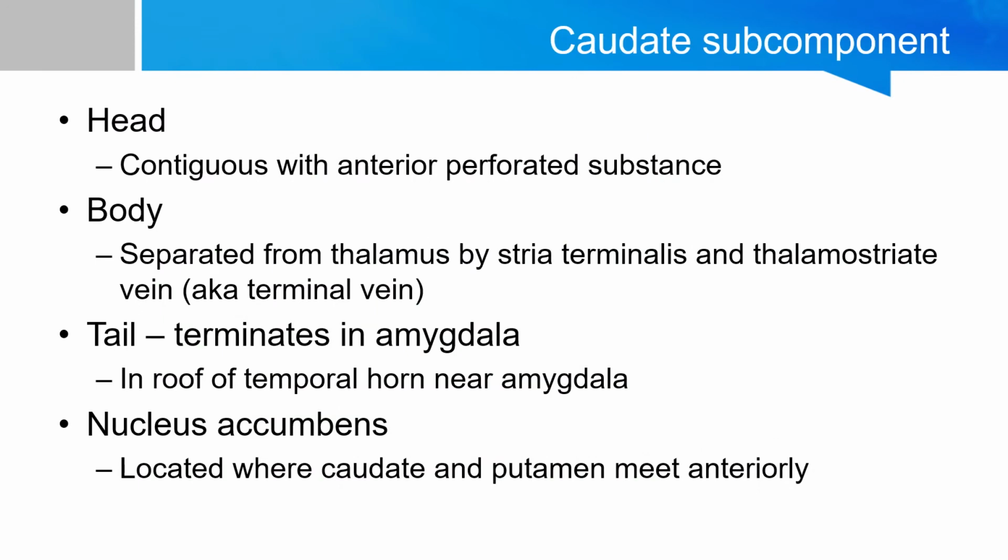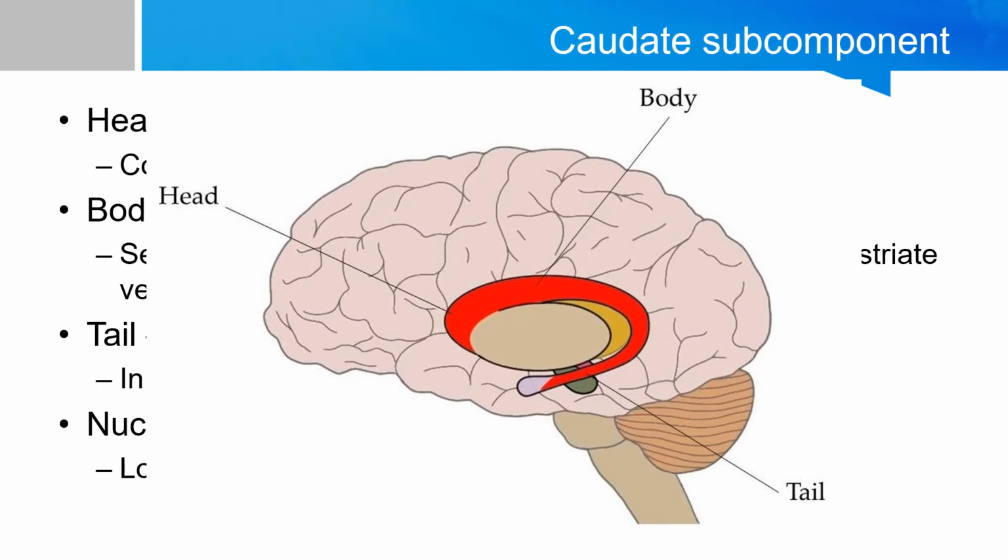So first let's go over the caudate. The caudate has a few components, namely the head, the body, and it swings around to become the tail. There are a few things to note here. Anteriorly, around the head of the caudate, it is contiguous with the putamen.